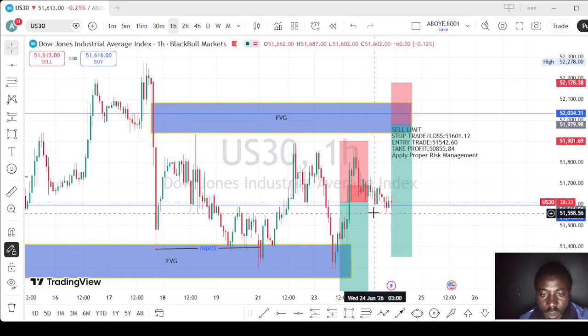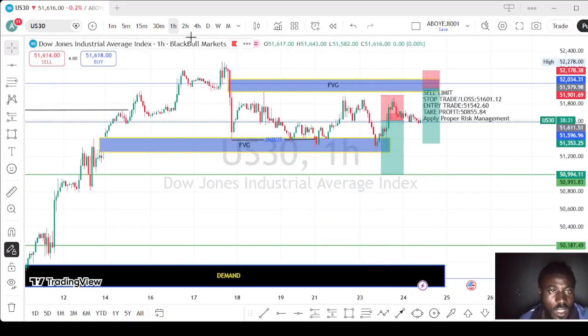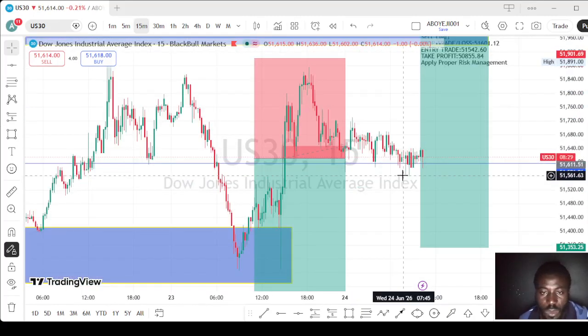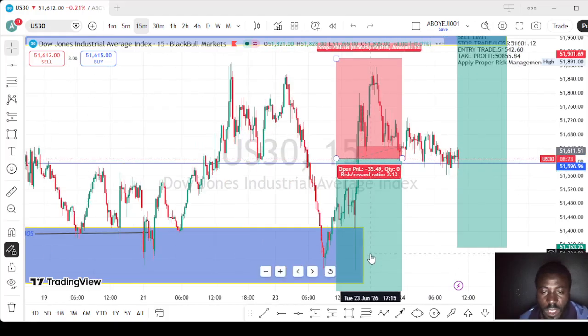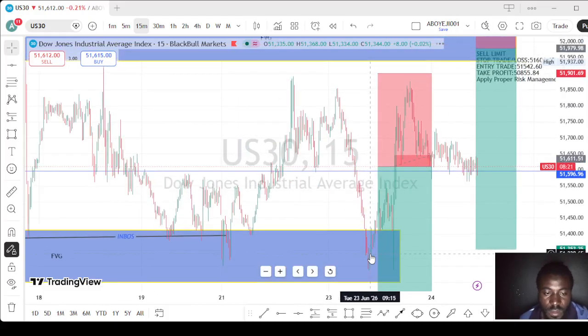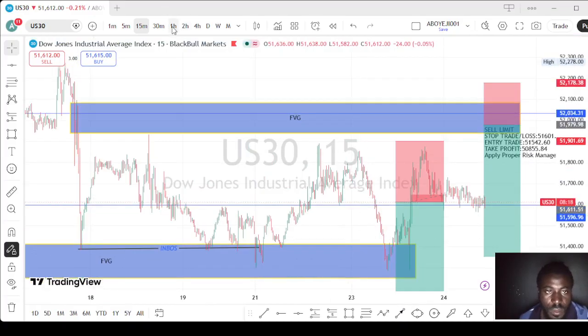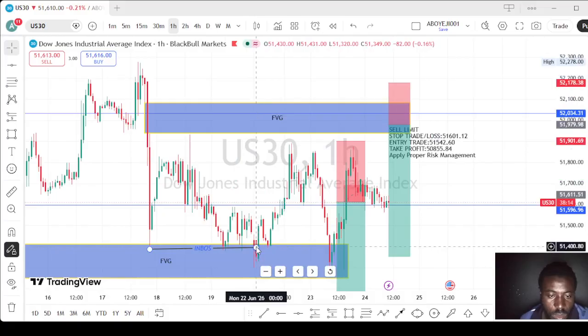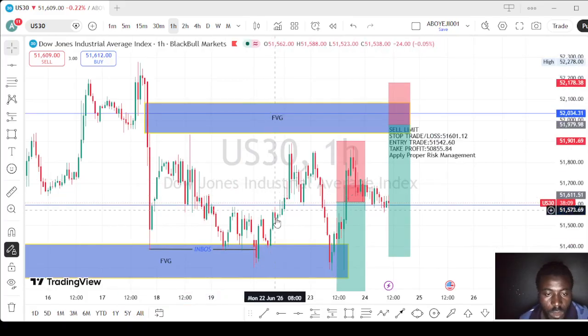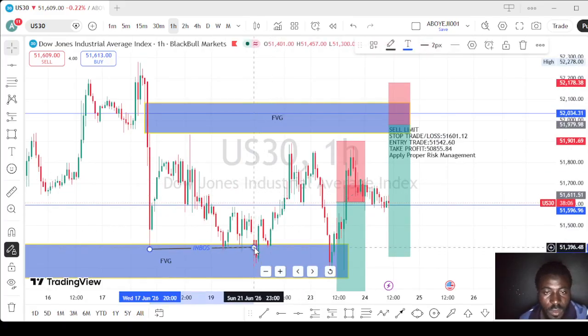Now let's move to the 15-minute time frame to see what this opportunity is saying. This is the 15-minute time frame, because this is very structured. This is what the market is doing in the 15-minute time frame. After the market mitigated here, it came back again.